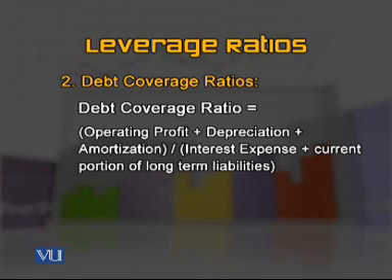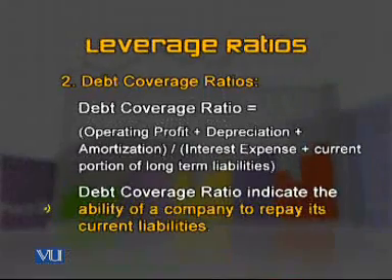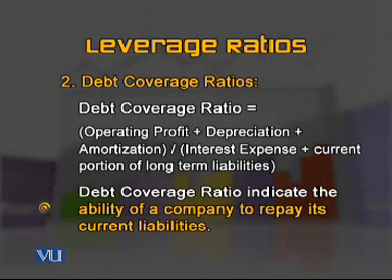And we come to know about the ability of a company to repay its current liabilities. This was about interest coverage ratio and debt coverage ratio as part of the leverage regime.